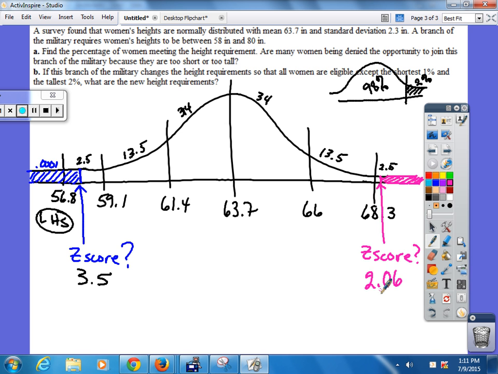2.05. All right, so for those of you who just came back, we found our z-scores: the z-score at 98%, and the z-score at 1%.